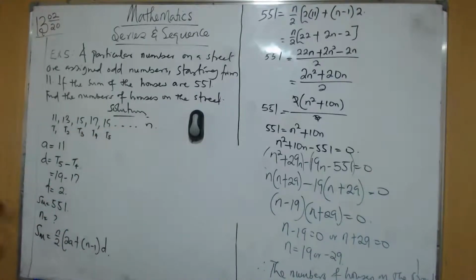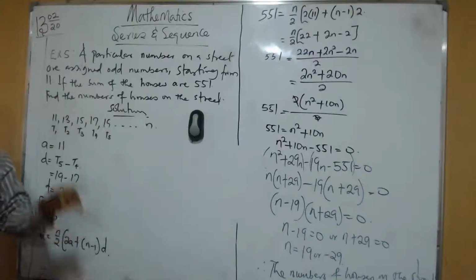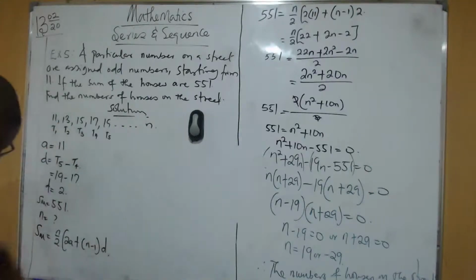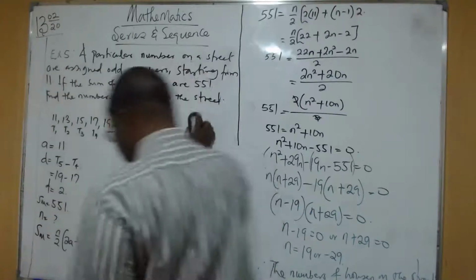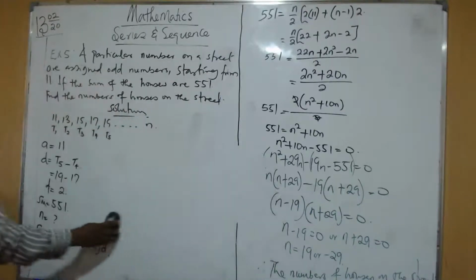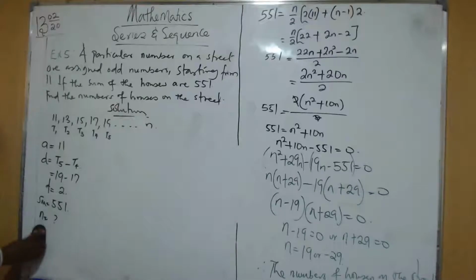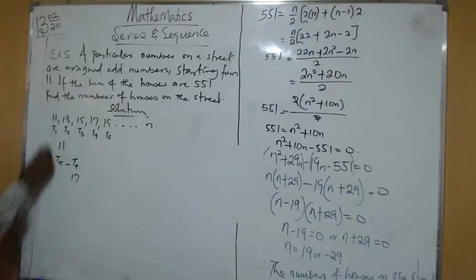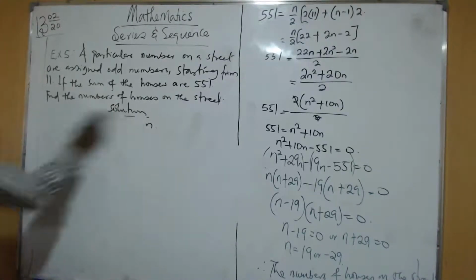The ones I saw were AP, so definitely it's going to be AP. The common difference must be the same. If the difference of all of them is the same, that's how we're going to know that it is an AP. Then having known that, let's see the next one.